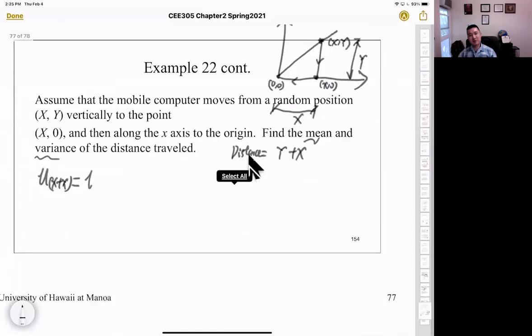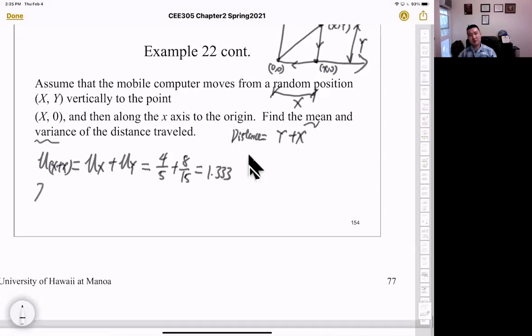So that's the mean value of x plus the mean value of y. Both of these two values are done. We just calculate them.